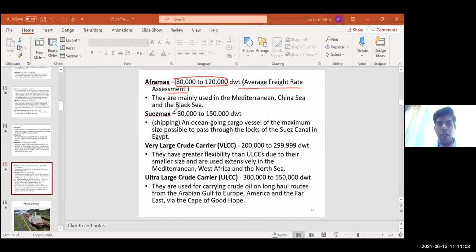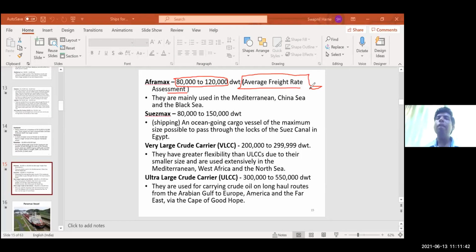Sir, could you please explain that average freight rate assessment again? Yeah. In the oil tanker market, they want to hedge the freight rates. Say, for example, today you have a particular freight rate, let's consider a thousand US dollars per ton. I'm just giving you an example.